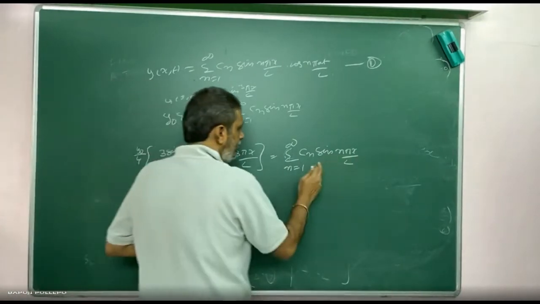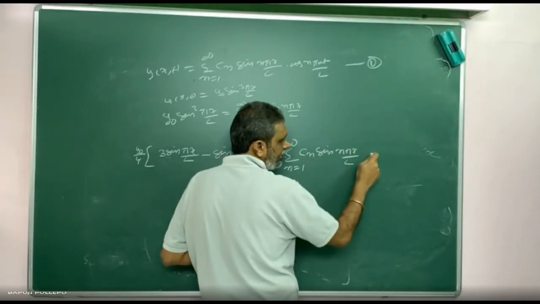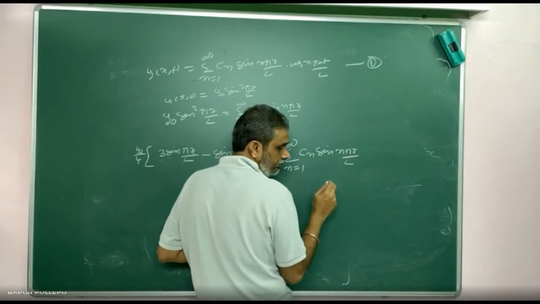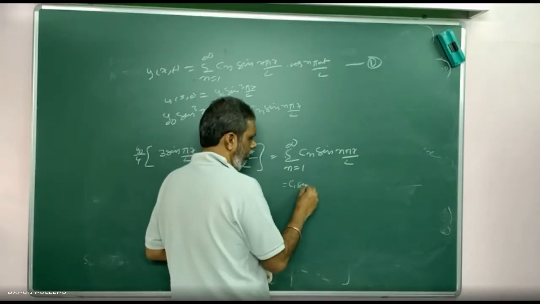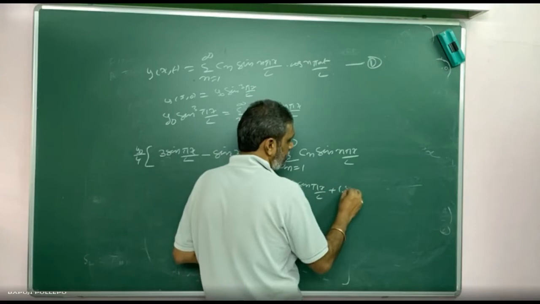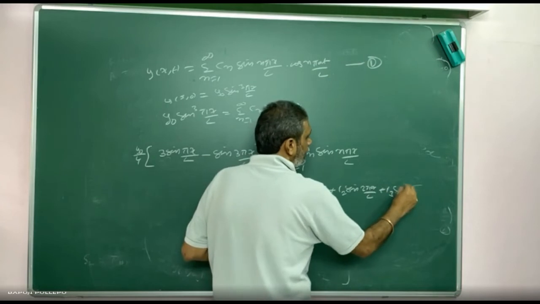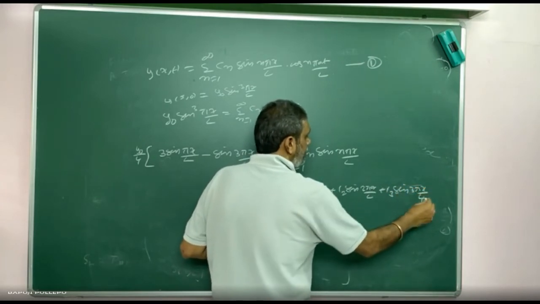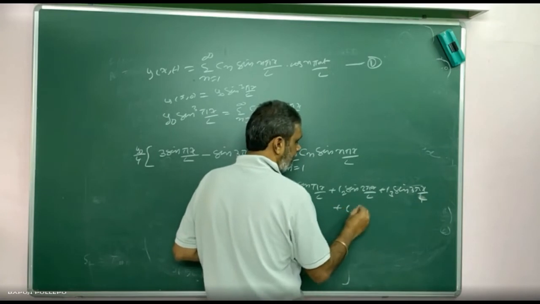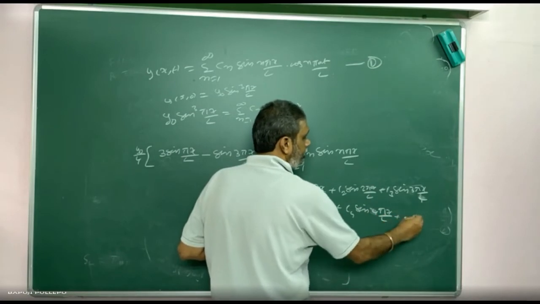If we expand this, it is C1 sin pi x by L plus C2 sin 2 pi x by L plus C3 sin 3 pi x by L plus C4 sin 4 pi x by L, up to infinity. Yes or no? Yes, sir.